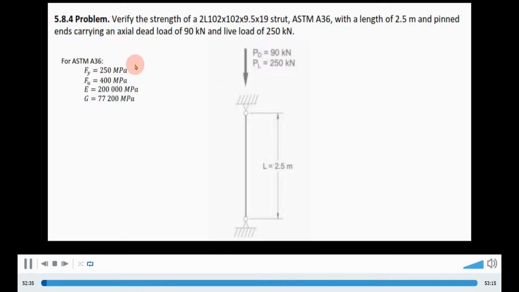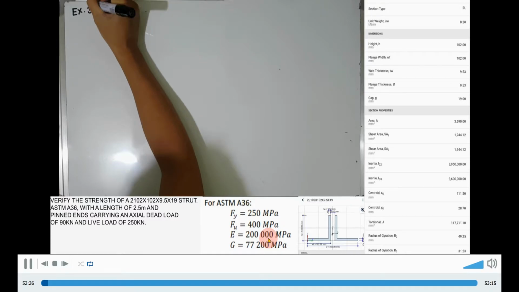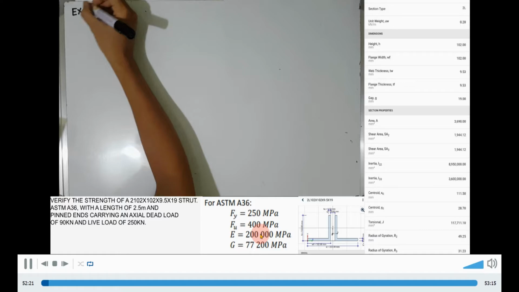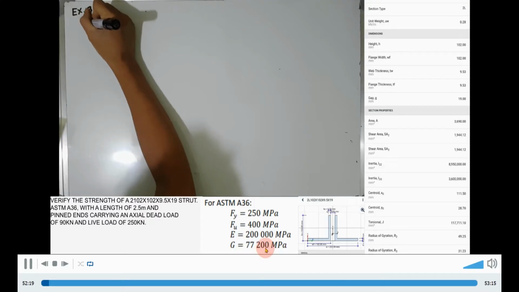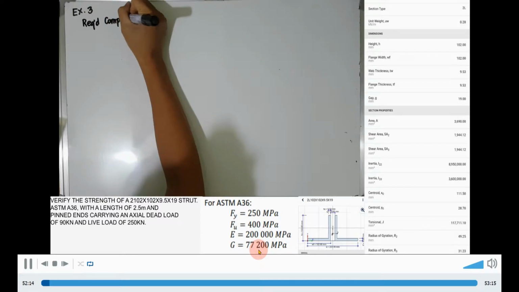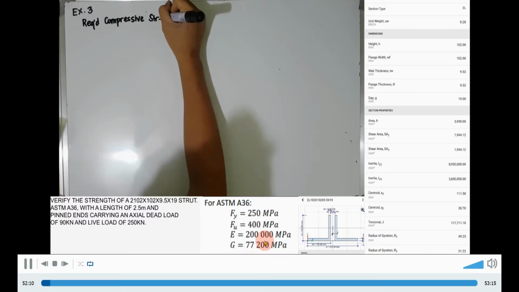So for ASTM A36, Fy is 250 megapascal, Fu is 400 megapascal, the modulus of elasticity is 200,000 megapascal, and the shear modulus of elasticity is 77,200 megapascal.